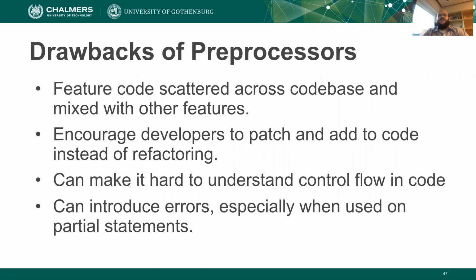And that scattering makes it hard to understand the code, and it makes it hard to know how to configure that code, right? Preprocessors often lead to quick and dirty solutions where rather than refactoring and restructuring the code properly, you just sprinkle some more of these directives in there and hope it works, right? And that can lead to implementations that are hard to understand and hard to maintain.